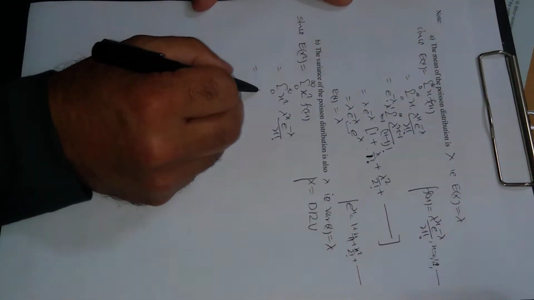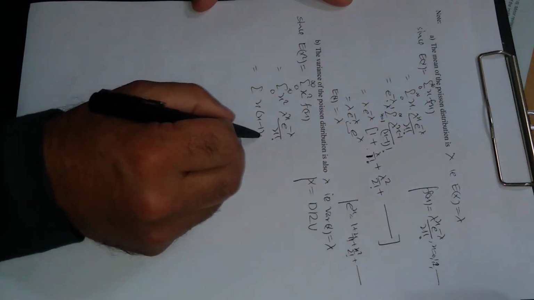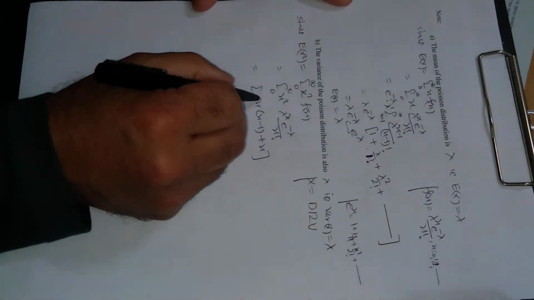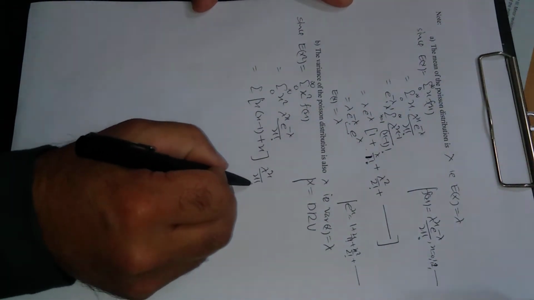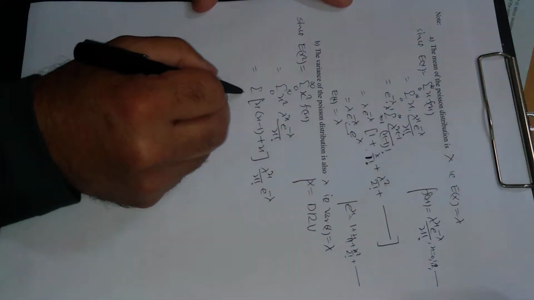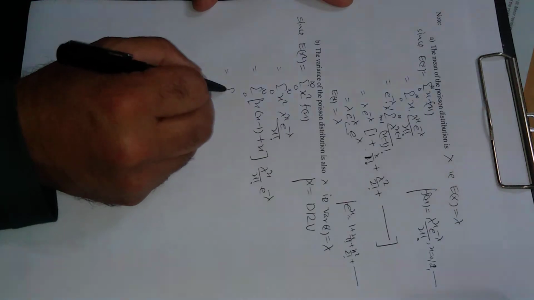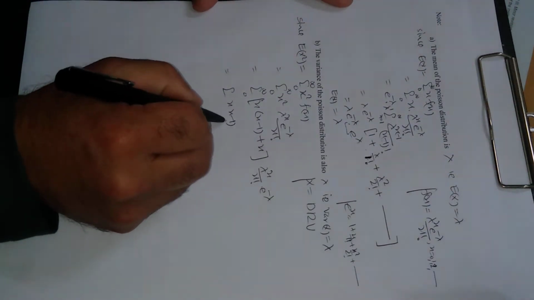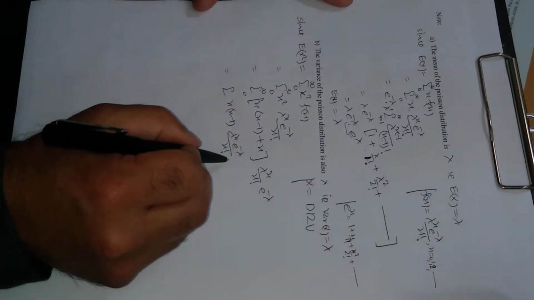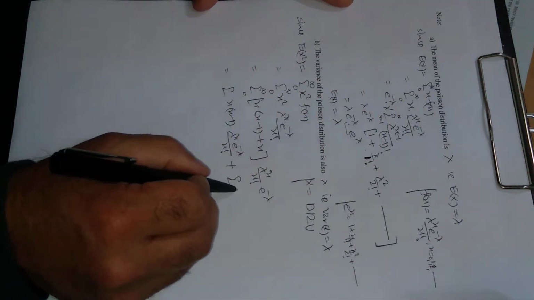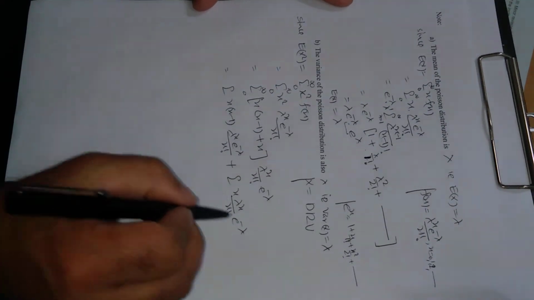This further can be written as summation of x square minus x plus x, lambda raised to power x upon x factorial e power minus lambda. Now multiplying these inside, this will be summation x into x minus 1, lambda raised to power x e power minus lambda upon factorial x, and next summation x lambda power x upon factorial x e power minus lambda.